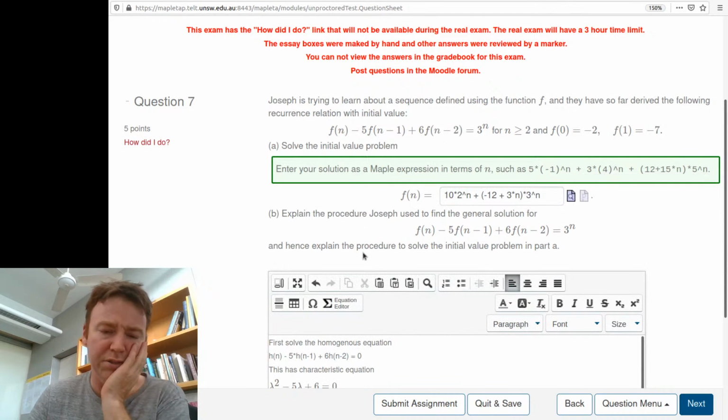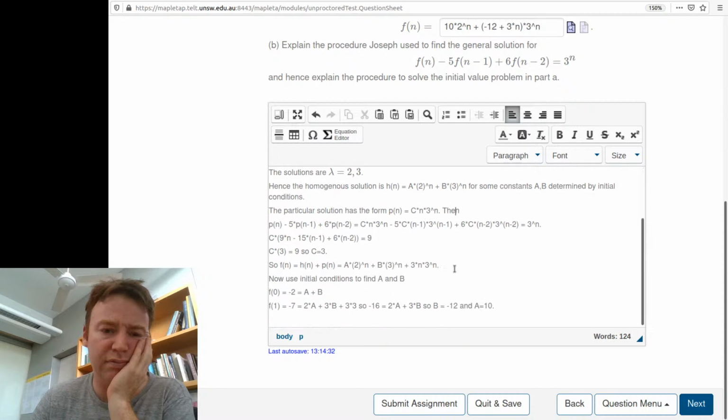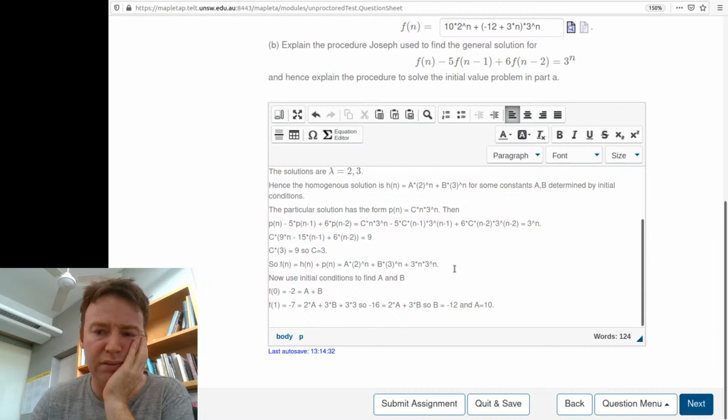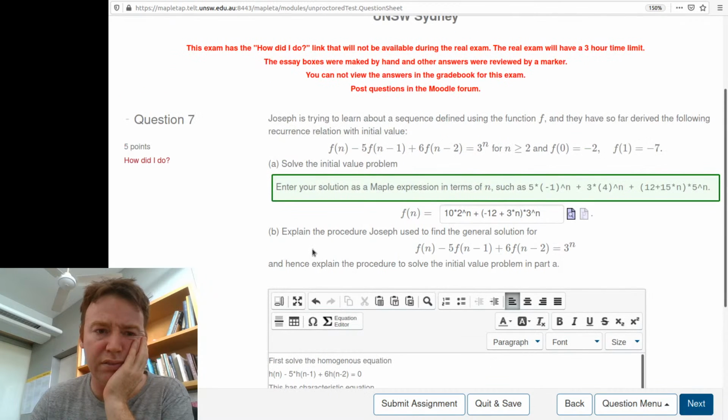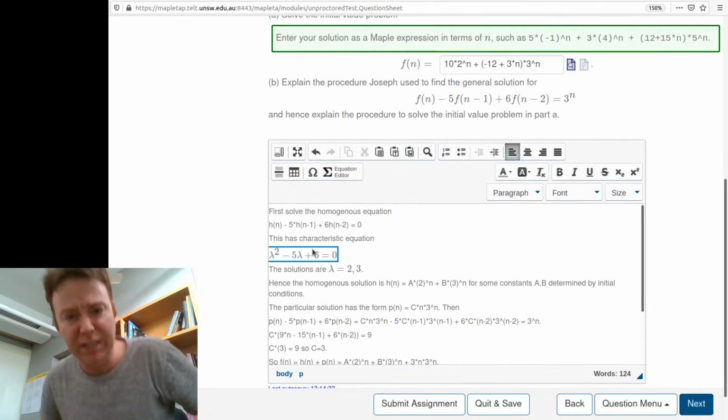Did I get the coefficients wrong? I don't see what... Unless I've messed up somewhere in my initial value problems.